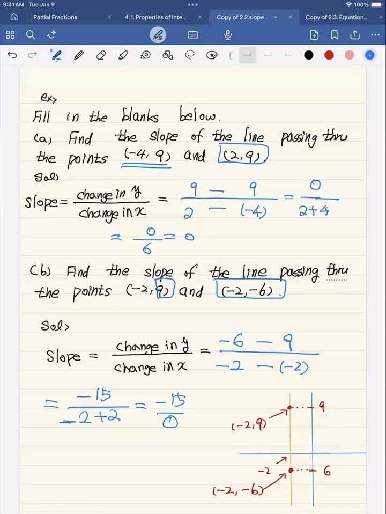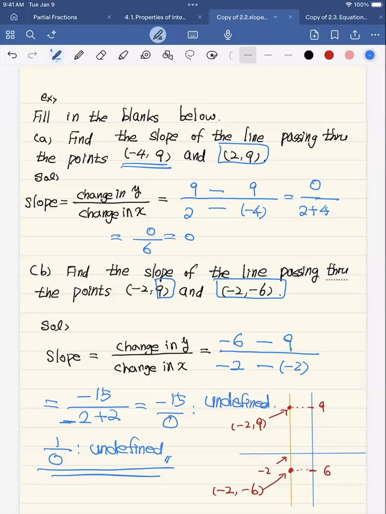What we know is that -15 over 0 is undefined. Denominator of the fraction cannot be 0, so that's undefined. So the slope is undefined.